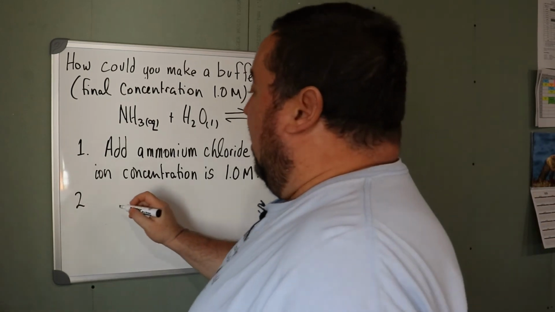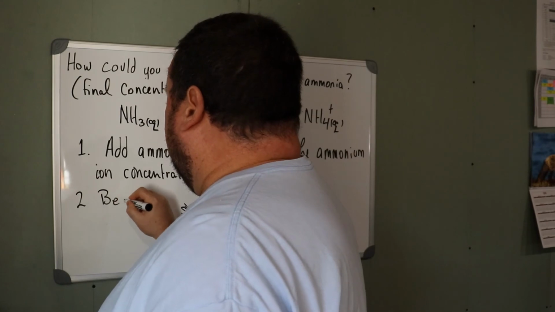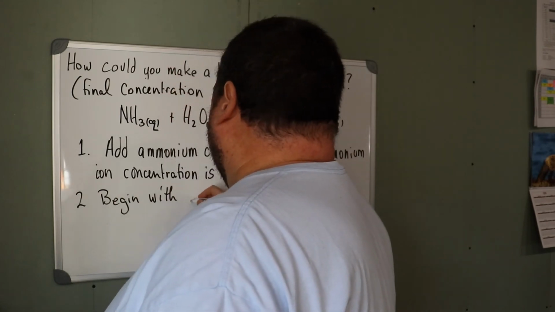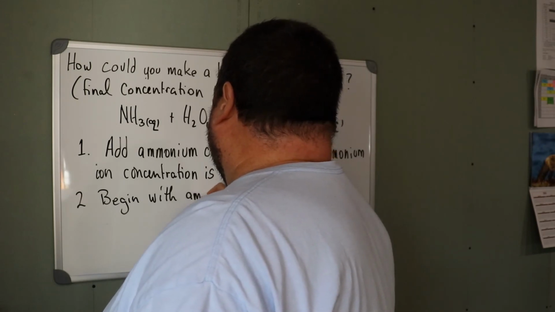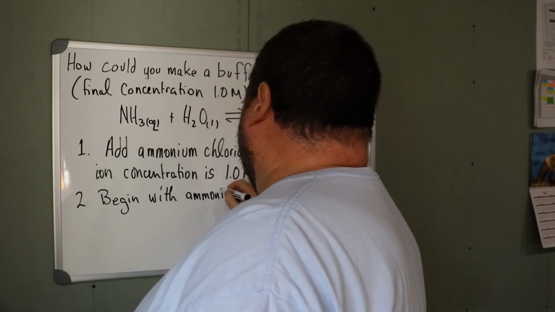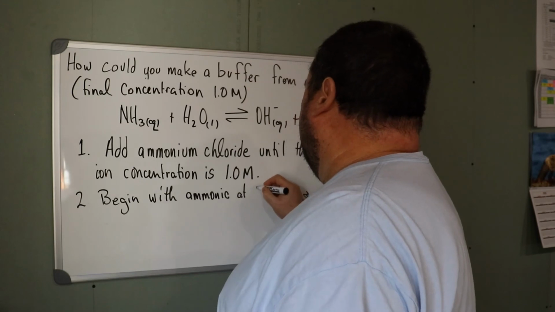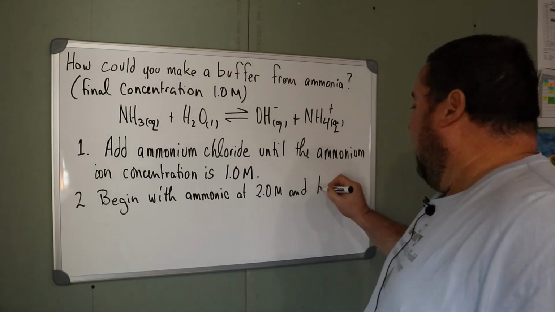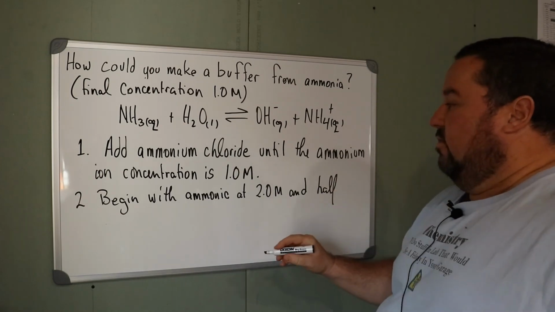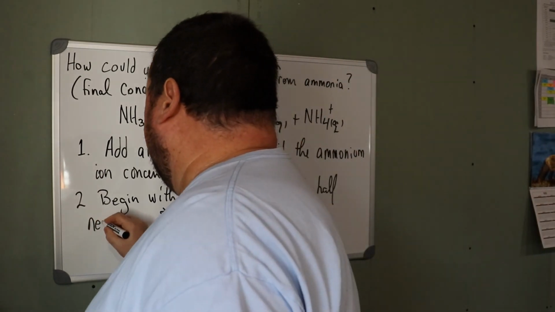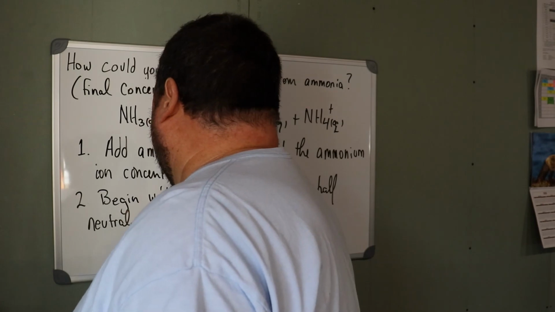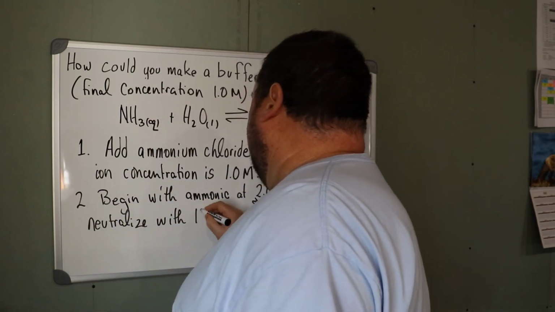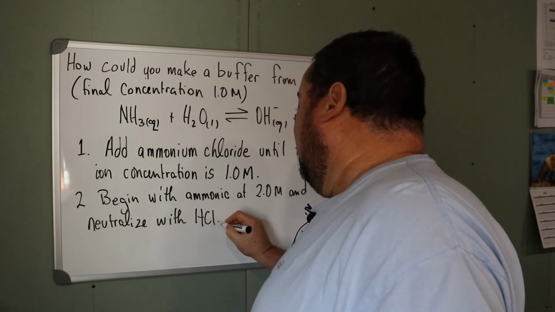So I can begin with ammonia at 2.0 molar and half neutralize with HCl, hydrochloric acid.